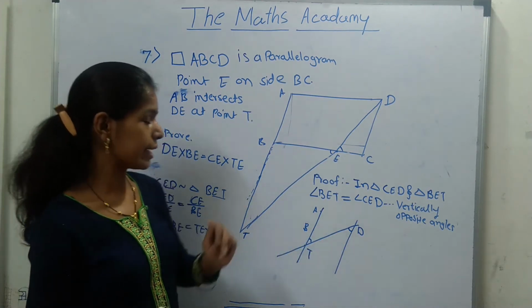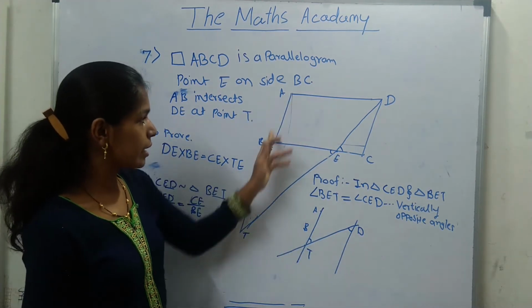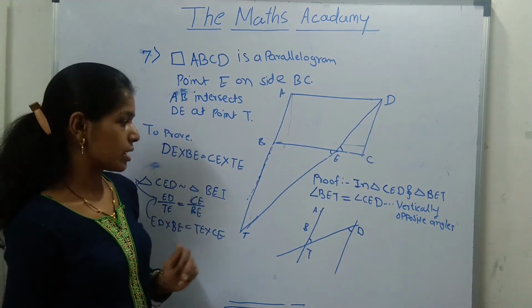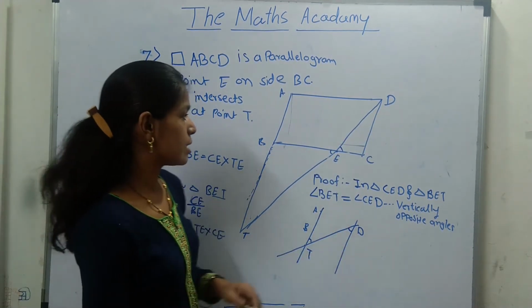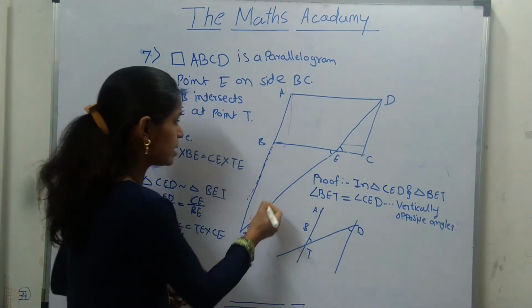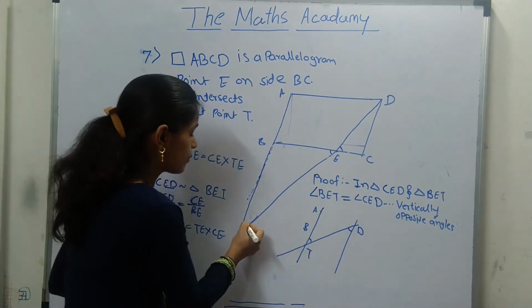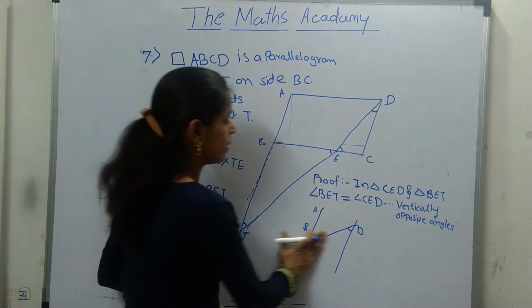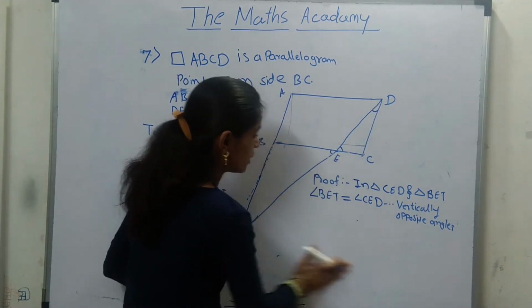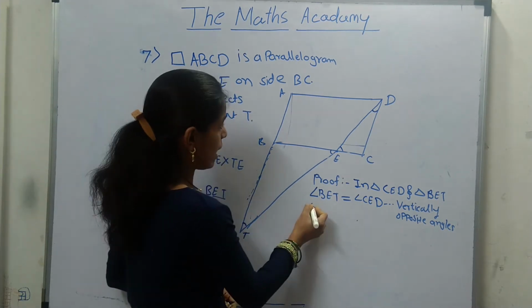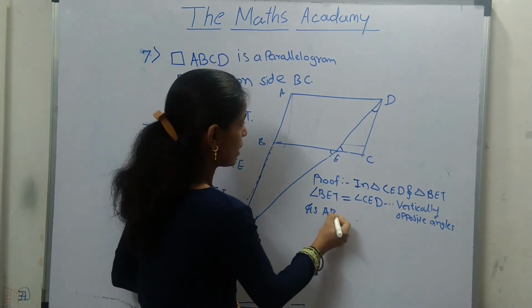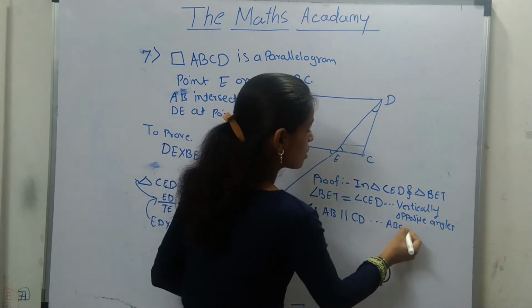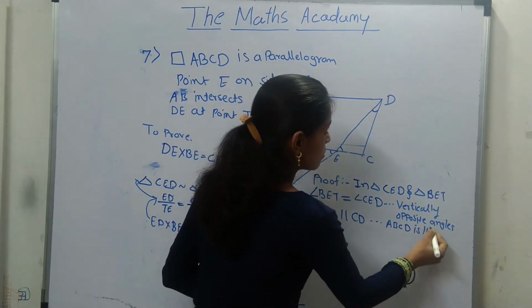They are the alternate angles formed by the parallel lines AB and CD and DT as a transversal. So therefore, these two angles are congruent. It is this angle and this angle. These two are alternate angles. So we will write it here as AB parallel to CD, since ABCD is a parallelogram.